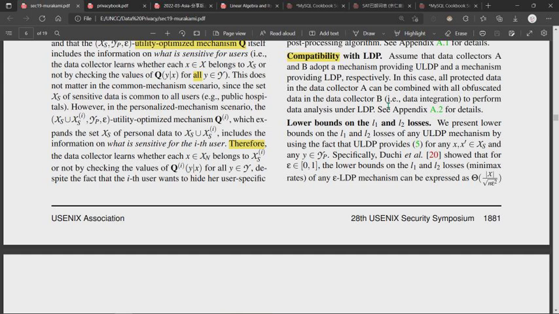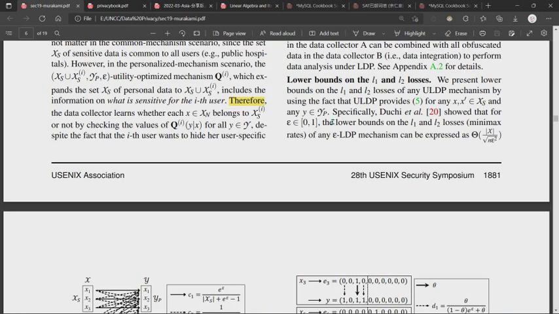The lower bounds on the L1 and L2 losses, minimax rates of any epsilon LDP mechanism can be expressed as this. Omega, lower bounds on the L1, L2 losses.